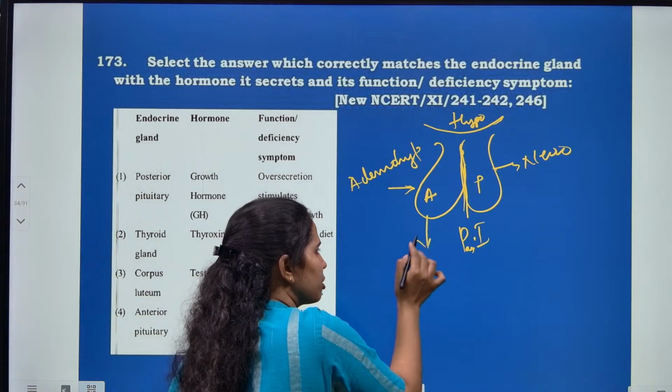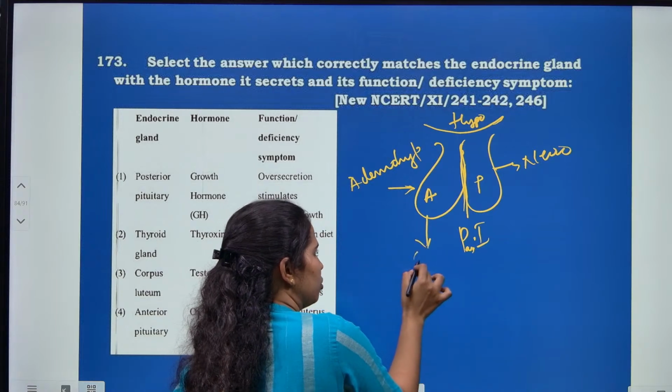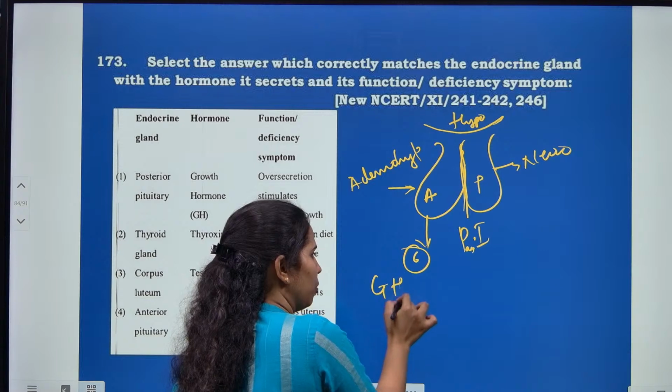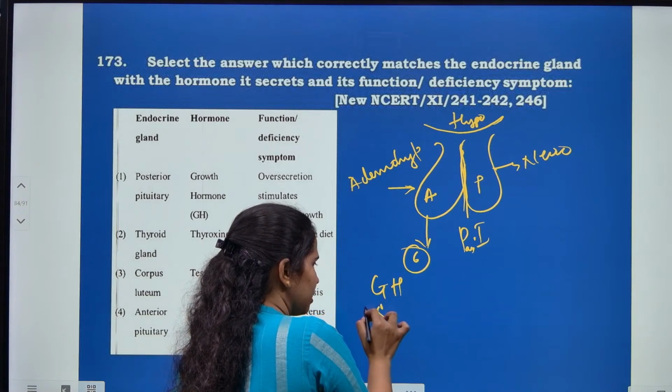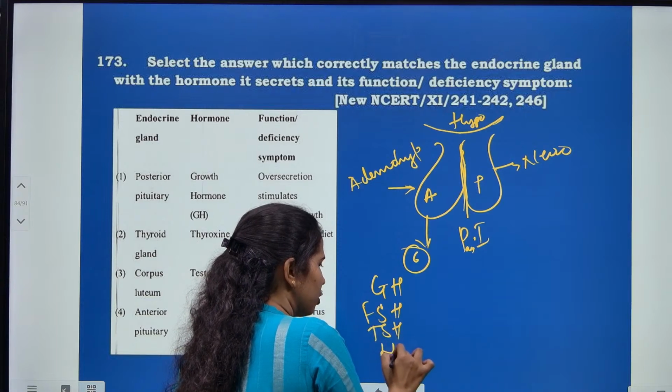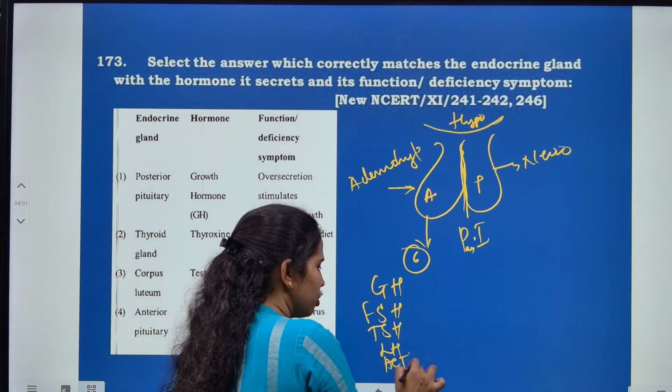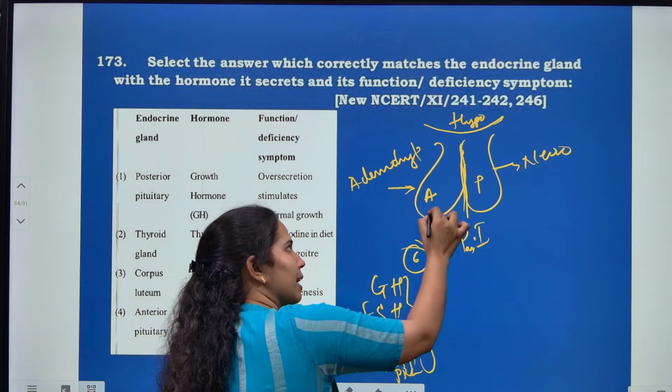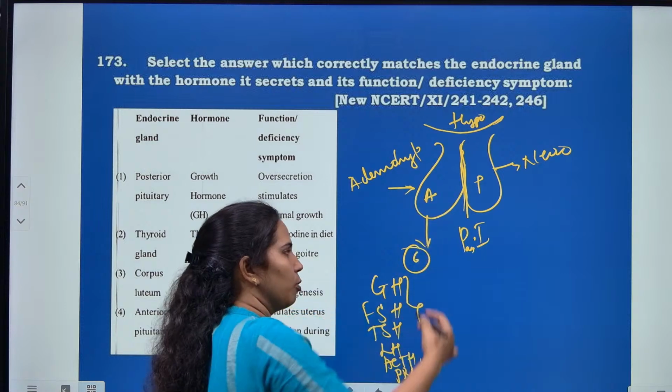The anterior pituitary lobe secretes 6 hormones: growth hormone, FSH, TSH, LH, ACTH as well as PRL. These are the 6 hormones secreted by the anterior lobe of the pituitary gland.